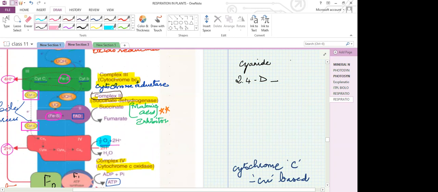This binds to cytochrome A3, so the electron is not carried on. From A3 to oxygen it should go, but it doesn't happen.